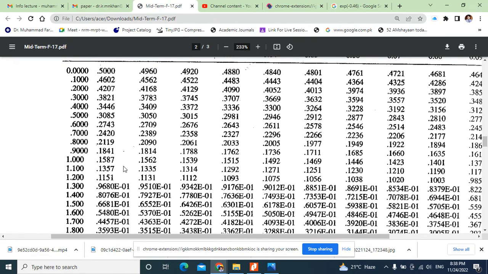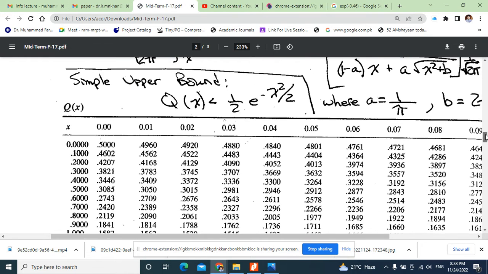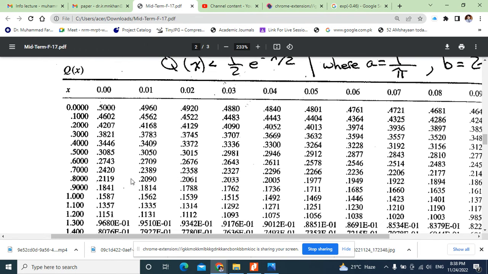So you see this value. This is 0.8, and if you continue moving in this direction, you can easily see 0.807. So this one is 0.7, and this one is 0.8.